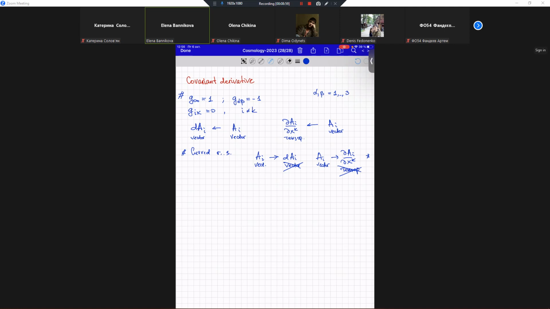So let's consider A_i and dA_i. Since this vector is a covariant tensor of the first rank, we know how we can transform it from the non-prime reference system to the prime reference system.